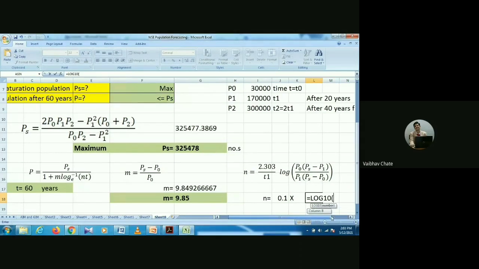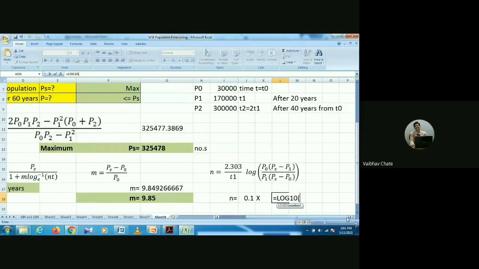Just drag it this side so that it will be visible from your end. In the numerator I want P naught, which is 30,000, in a bracket Ps value deducted from P1 value, that is 1,70,000. Divided by, in bracket, P1 value 1,70,000.